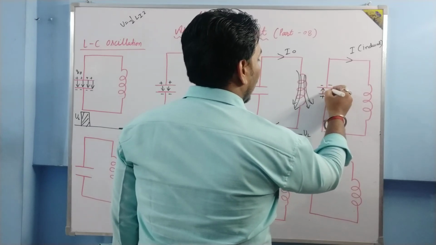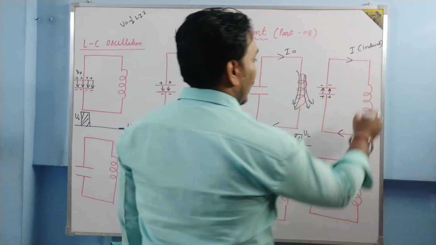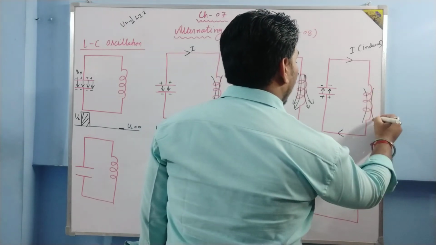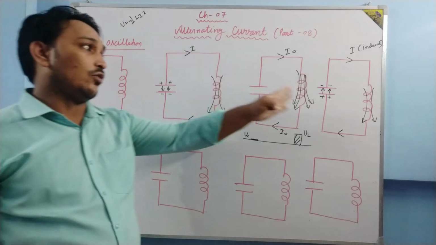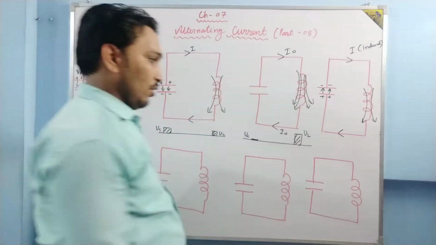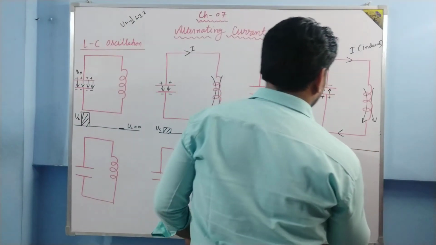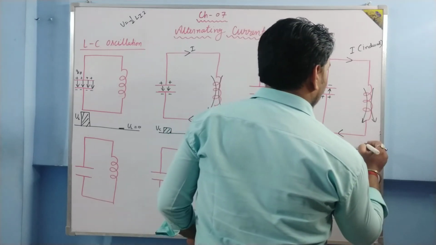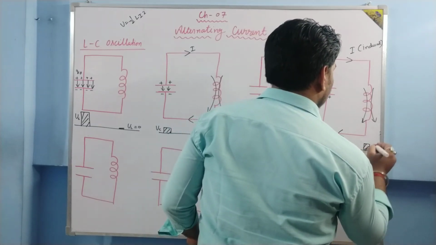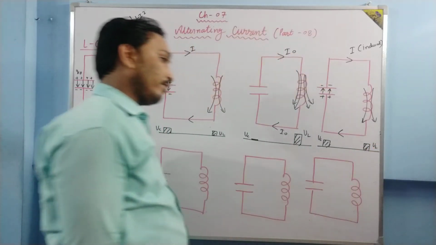So this time the electric field is upward, and the magnetic flux decreases. Now if I make the energy bar diagram, the capacitor has some energy, UC, and the inductor's energy, UL, decreases.